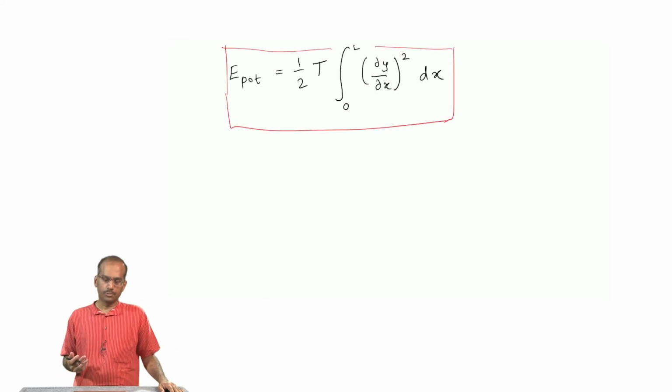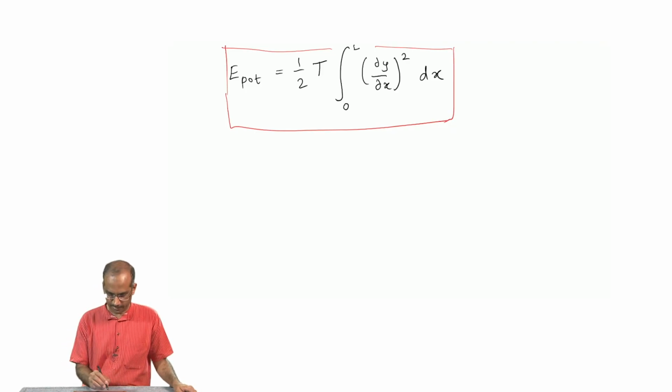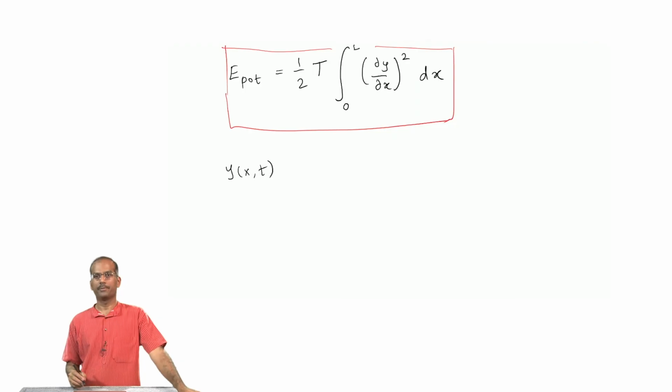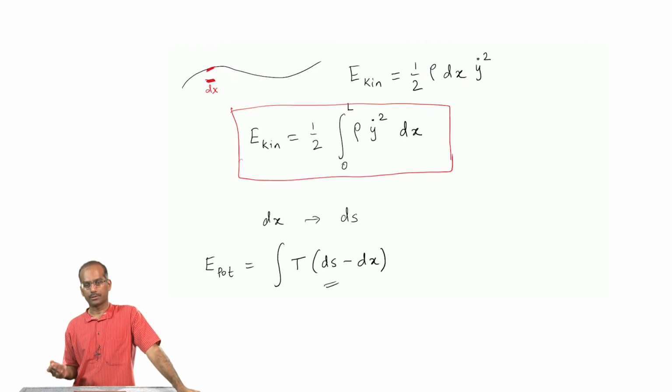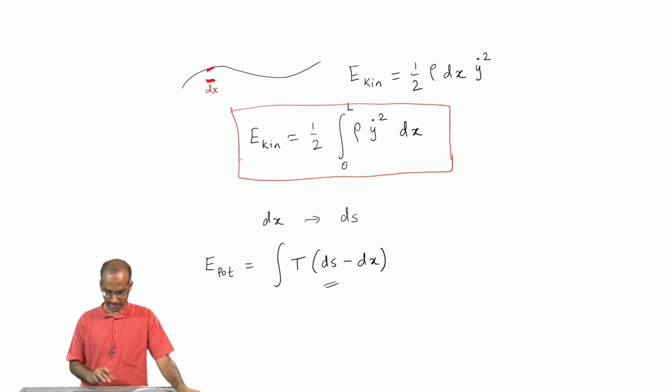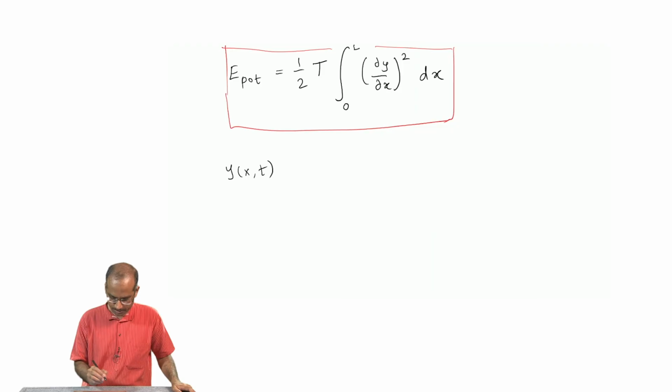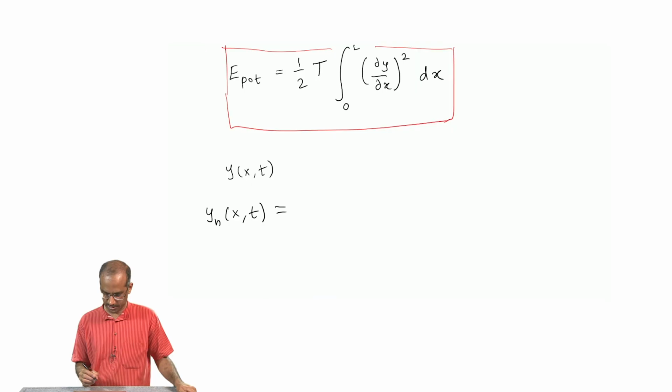All I need to do is to simply assume a solution for y of x and t, and compute dou y by dou x and y dot, substitute them here, do the integral and get the answer. So, let me start by assuming that for the nth normal mode, the displacement, which is a function of x and t, is given by the following expression.